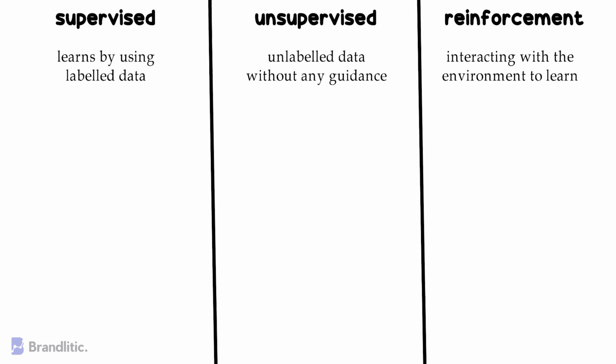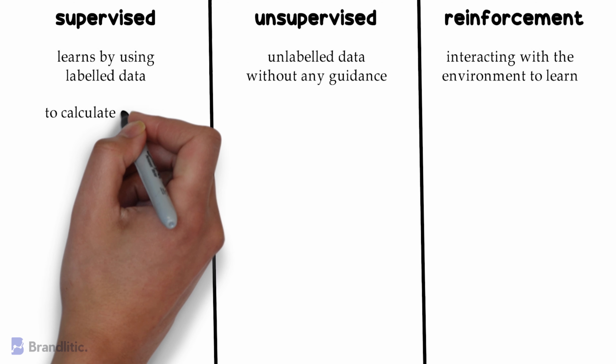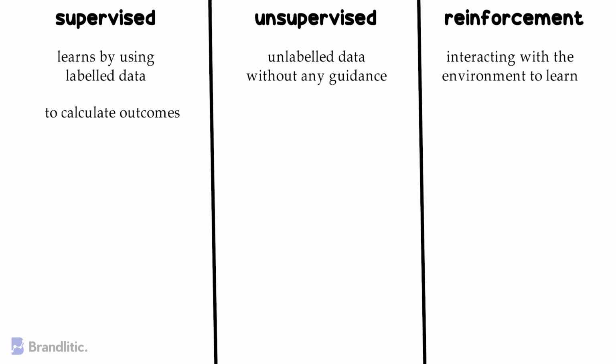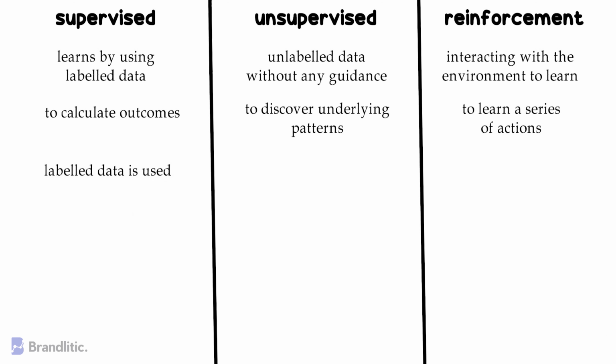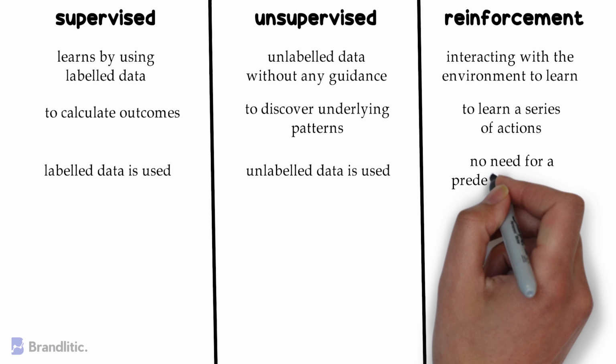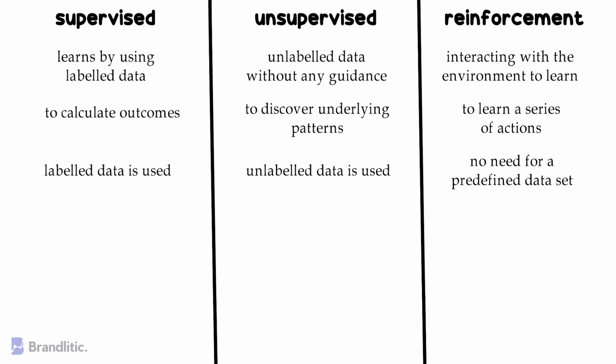Number 2, the aim of supervised learning is to calculate outcomes, whereas for unsupervised ML, it is to discover underlying patterns, and for reinforcement ML, it is to learn a series of actions. Number 3, the type of data used in supervised ML is labeled, whereas in unsupervised ML, it is unlabeled, and on the contrary, in reinforcement ML, there is no need for a predefined data set.